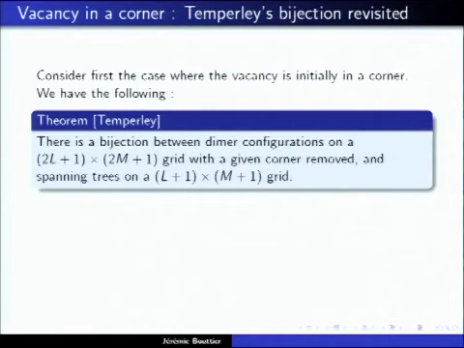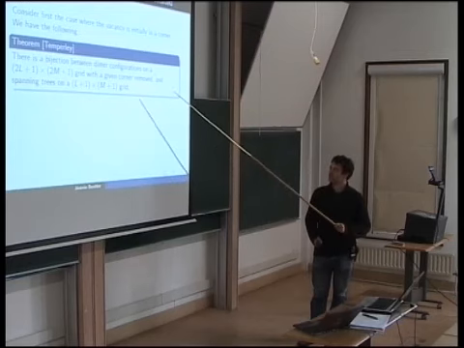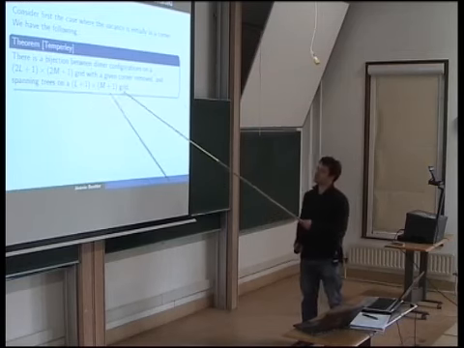So, a first quite simple case is where you start with a configuration where the vacancy is initially in a corner of the grid. And this case is well known in dimer models, because there is a bijection between the dimer configurations on such a grid where you remove a corner, so that means the vacancy is there, and spanning trees on an L plus 1 times N plus 1 grid.